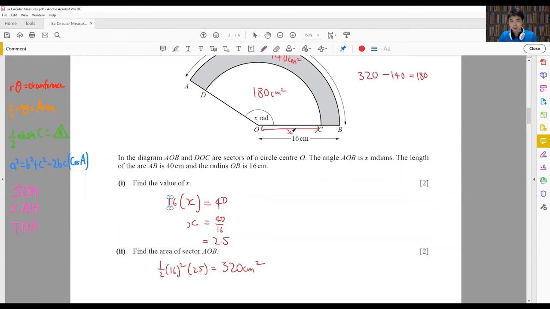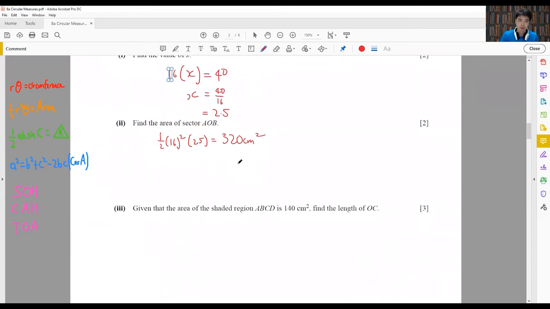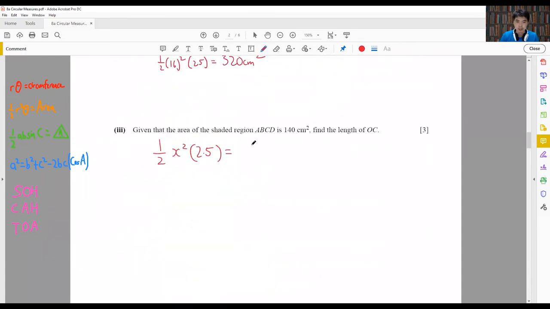And then from there, we can use whatever variables we already had. Half of r squared, which is the unknown we're looking for, multiplied by theta, which is still 2.5, is equal to, wait, how much was it equal to? 180. So from here, 180 divided by 2.5 times 2, square root this answer.